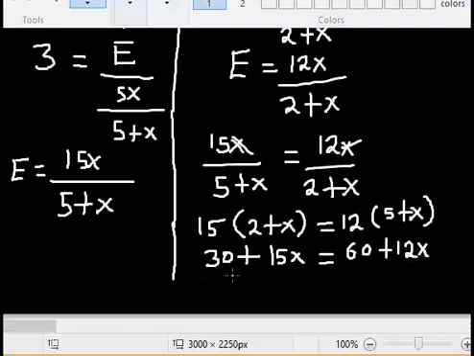So collecting like terms together, I'm gonna have 15 minus 12, that should be 3x. Then 60 minus 30.